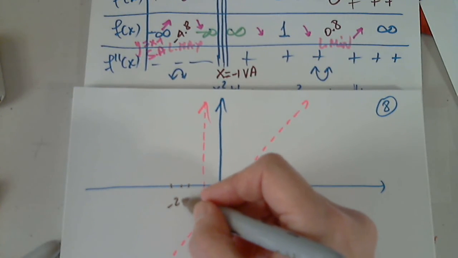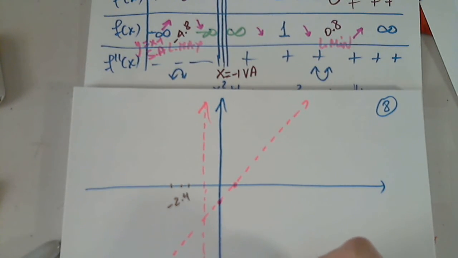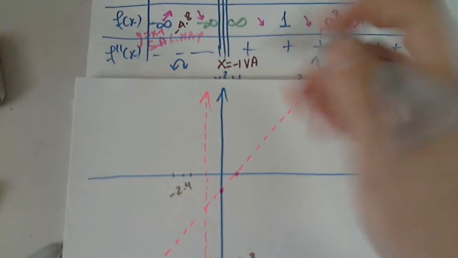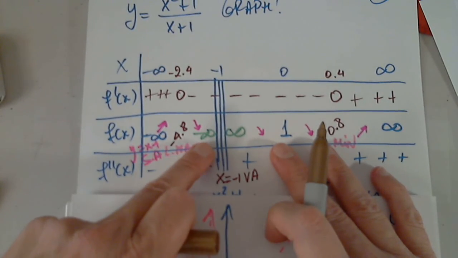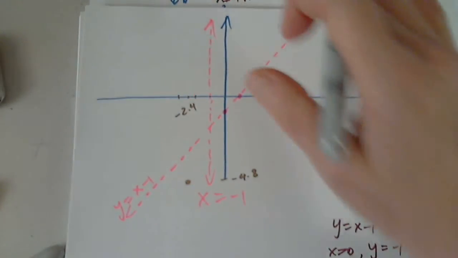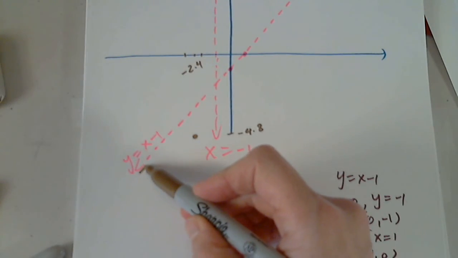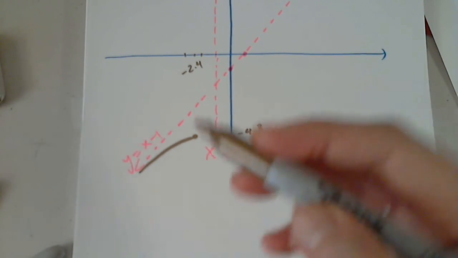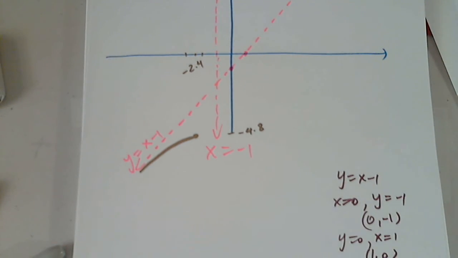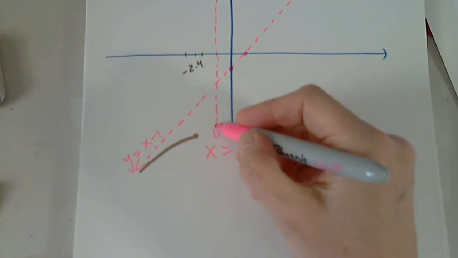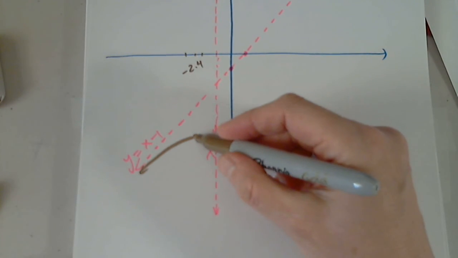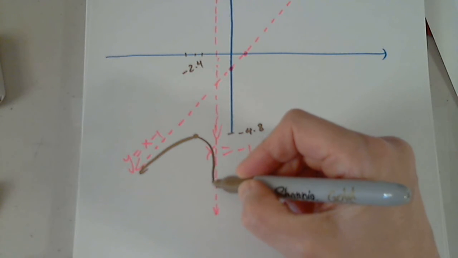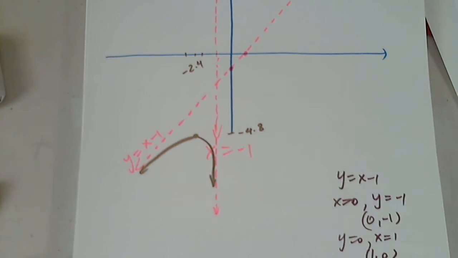So at -2.4, -4.8, not a problem, opening down, increasing to the maximum, coming back to -infinity. No worries there. It has to approach the asymptotes. Let me extend the vertical. It approaches asymptotically. Do not touch.